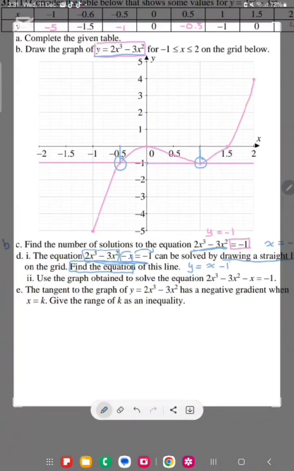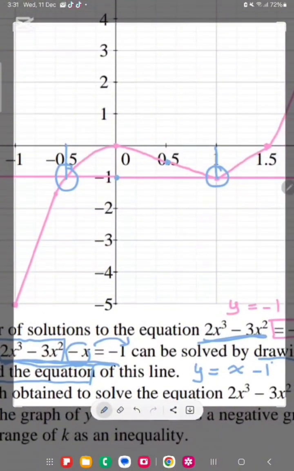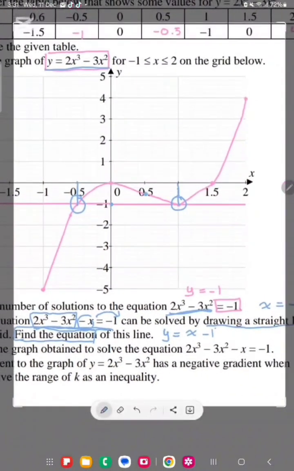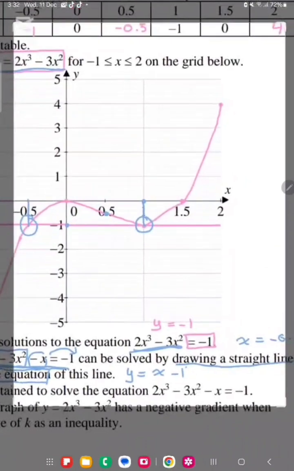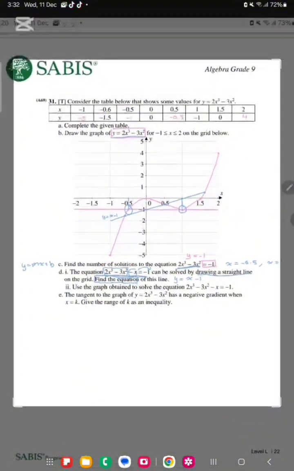And when x is 0.5, y is equal to negative 0.5. So here. When x is 2, and just continue, find the points. So I'm just gonna draw them on quickly. You found y equals x minus 1. You found the equation and you graphed it. That's it.